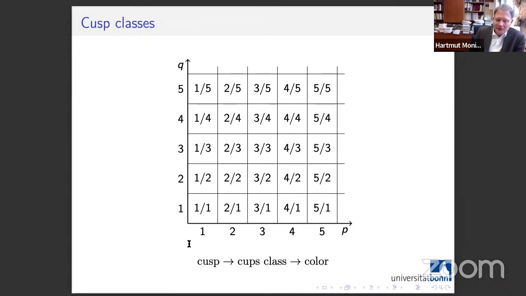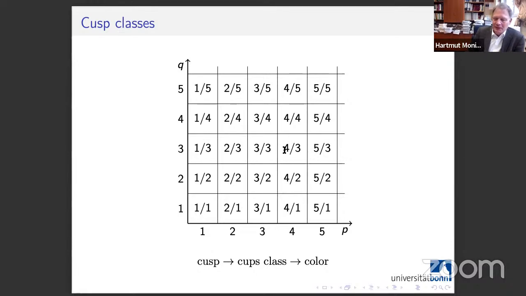I give you a plot where I take the integer numbers 1, 2, 3, 4, 5, and so on, along both axes. P will be the numerator and Q will be the denominator of the number in the square. So here we have the fractions: 4 over 4 is of course 1, 3 over 3 is of course 1, but you have fractions or cusps, elements of Q, in these squares.